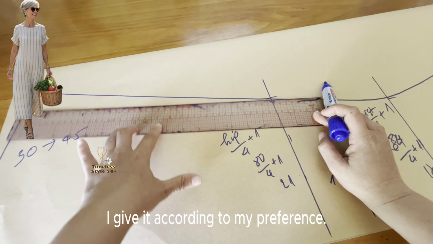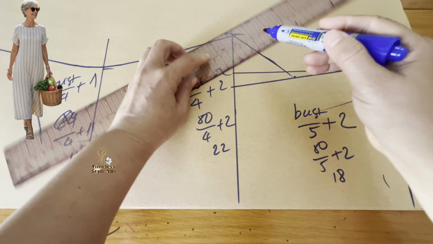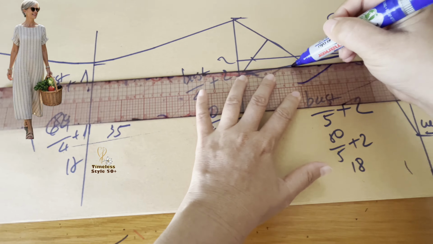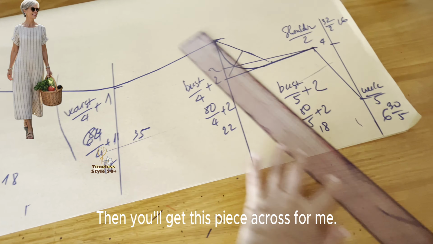The next thing we're going to do is build a perpendicular line, reverse to the previous line. Split it in two, and split it in half again. Then you'll get this piece across.